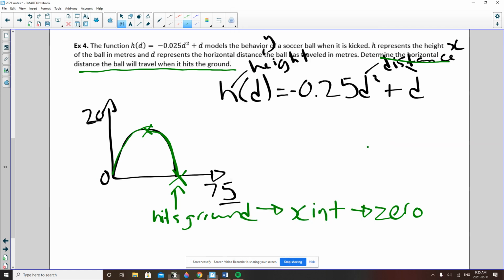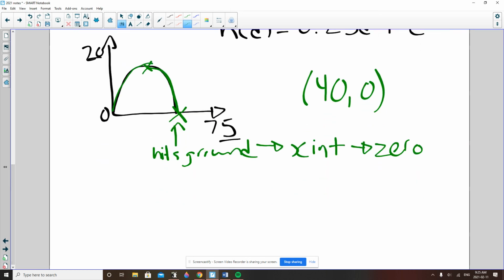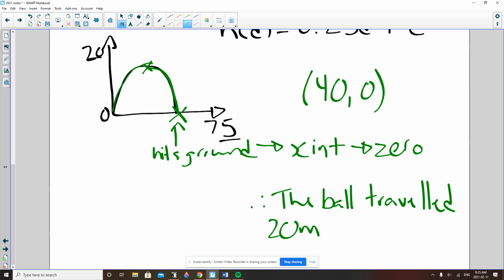And so it's at 40, 0. So if I've got a word problem, I should answer my question in words. Therefore, the ball traveled 40 meters before hitting the ground.